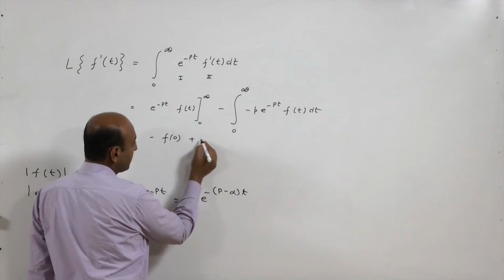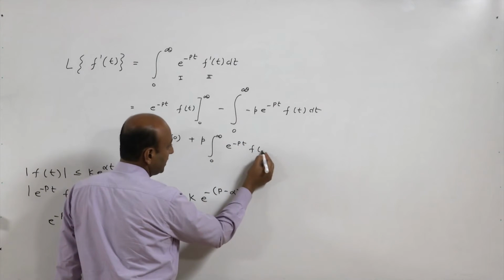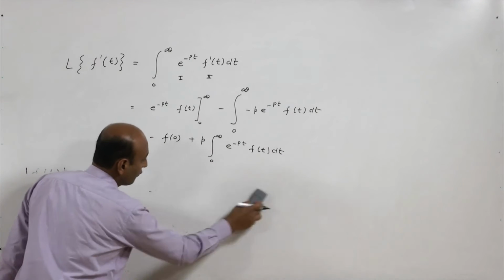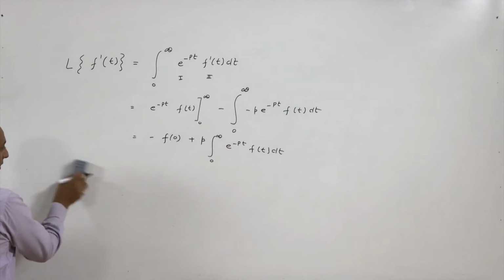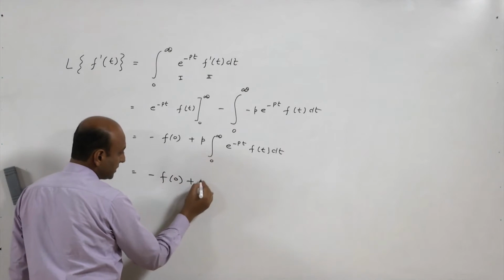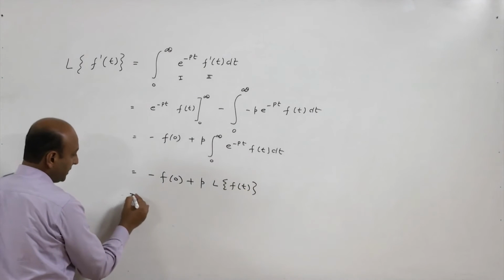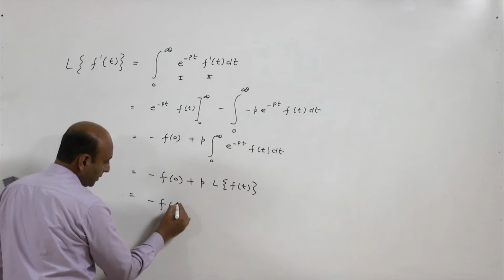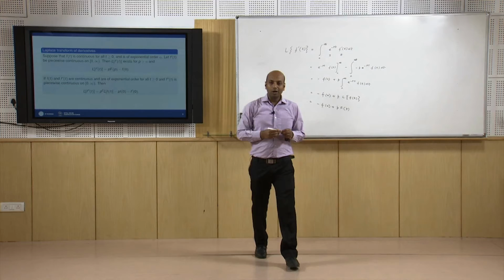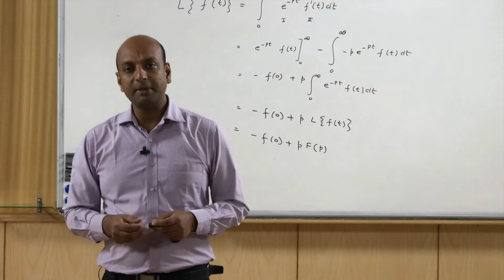So, this is minus minus plus p times the integral from 0 to infinity of e to the power minus pt f(t) dt, and that integral is nothing but the Laplace of f(t). So, it is minus f(0) plus p into Laplace of f(t), and Laplace of f(t) we are calling F(p). So, it is minus f(0) plus pF(p). This is how we obtain the result that Laplace of f'(t) is nothing but pF(p) minus f(0).